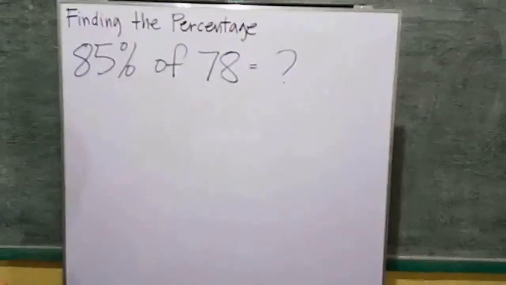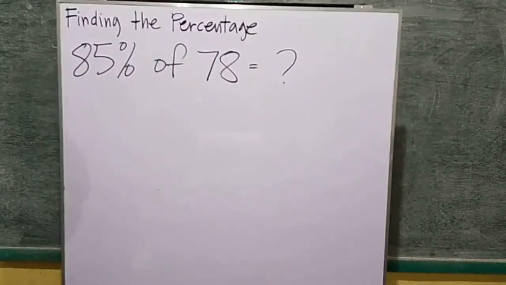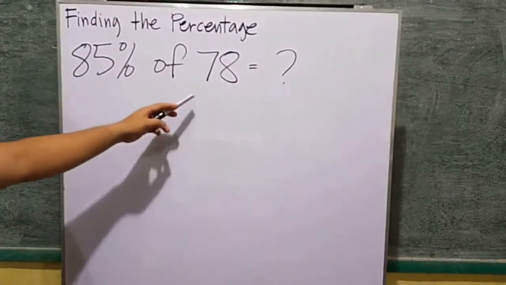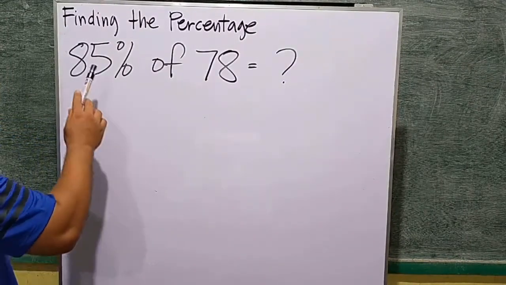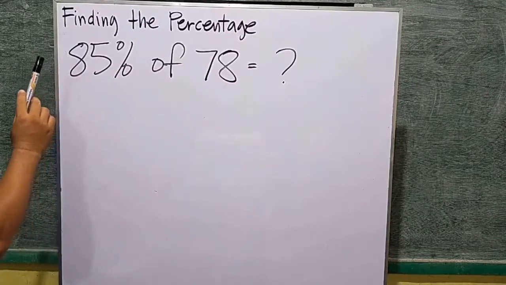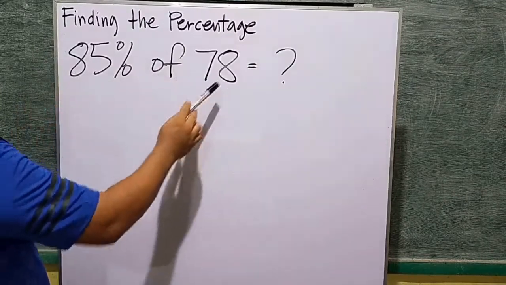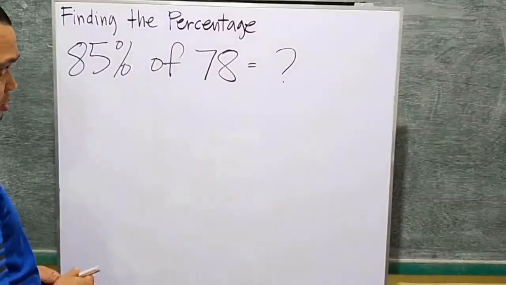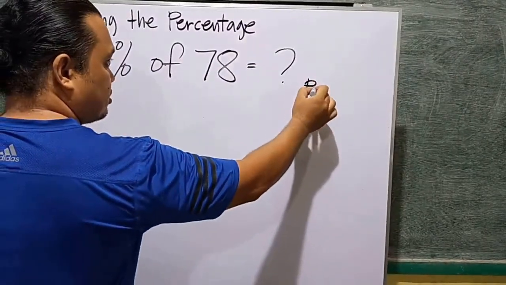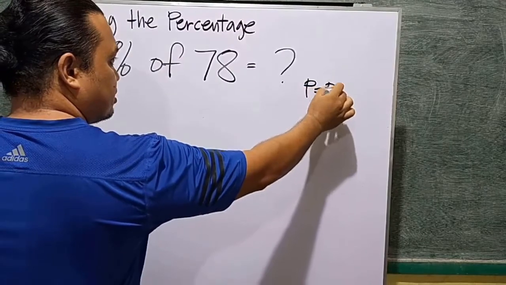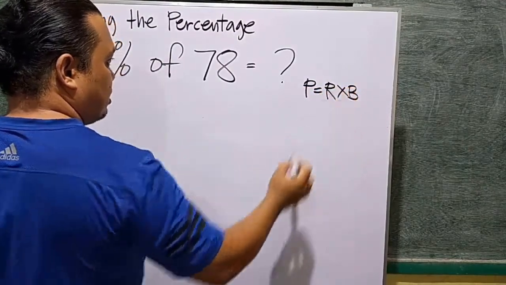So, finding the percentage. We have the rate, we have the base, we are looking for the percentage. Now, how do we do that? Simply by multiplying the rate to our base, which is P equals rate times the base.